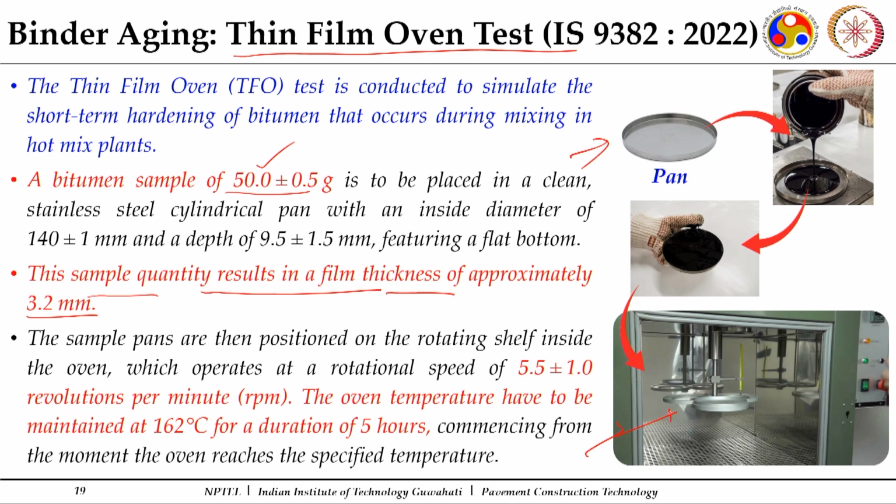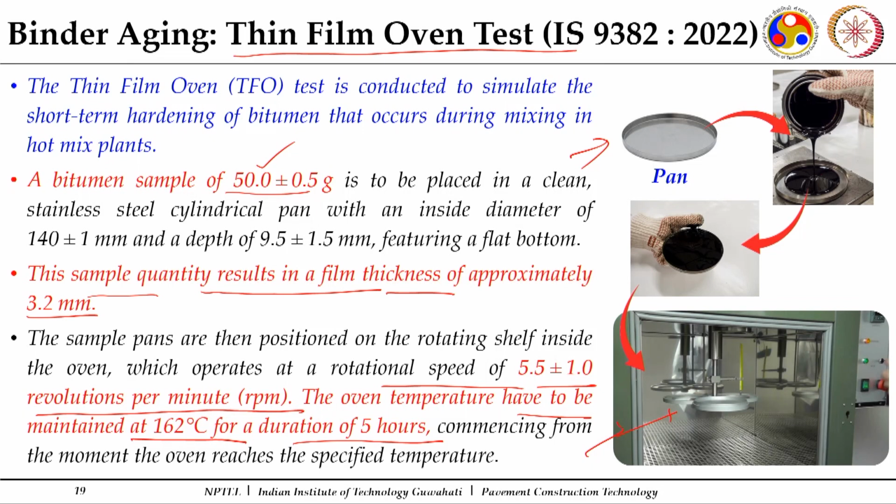You can place 3 such pans in it, and this rotating shelf moves at a standard speed of 5.5 revolutions per minute, and the oven temperature is maintained at 162 degrees centigrade for a duration of 5 hours. So, with this 5 hours at 162 degrees centigrade and this revolution speed, we are trying to simulate the aging which can happen during the production and construction of the bituminous mixes.